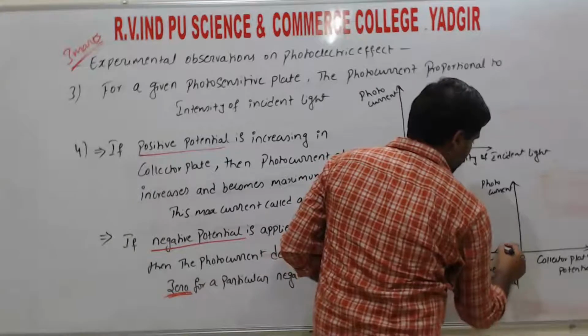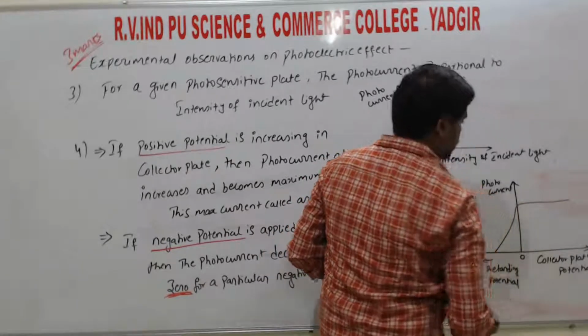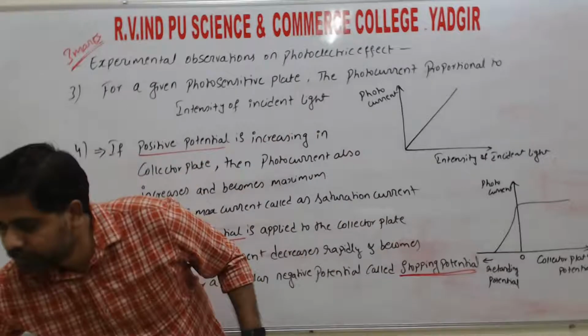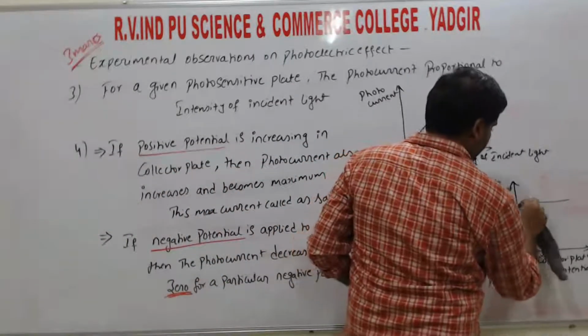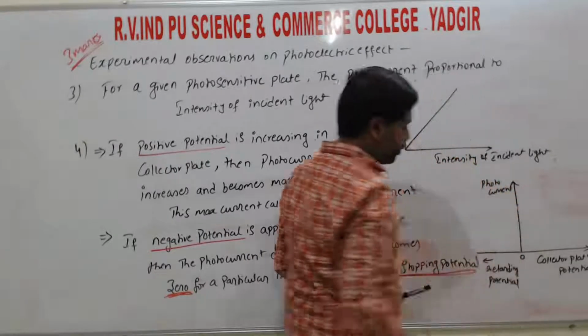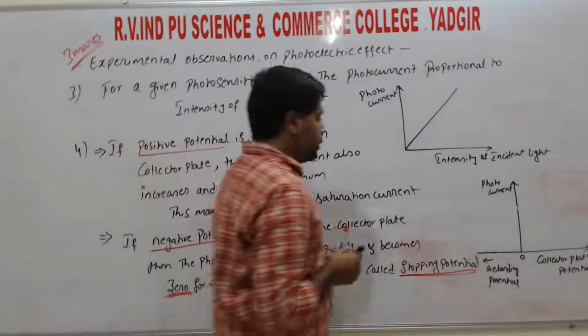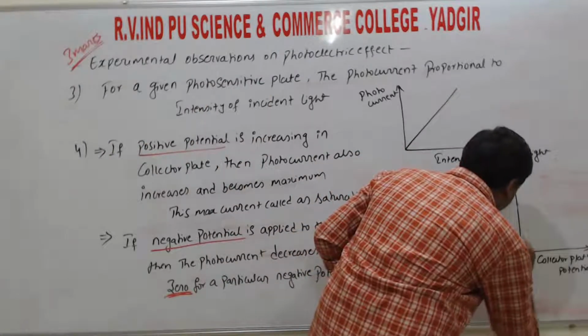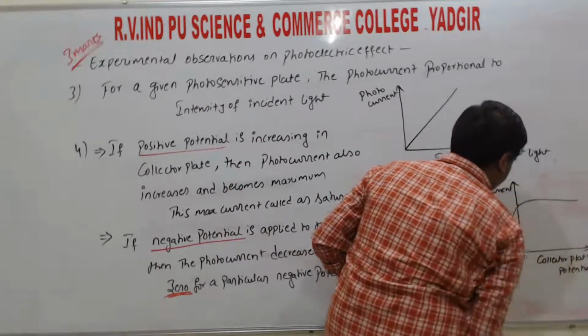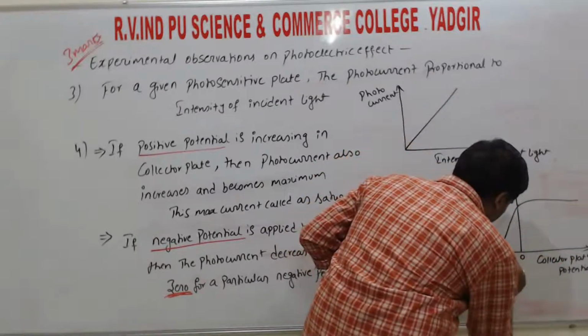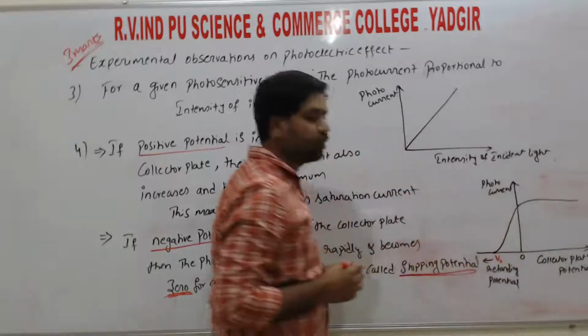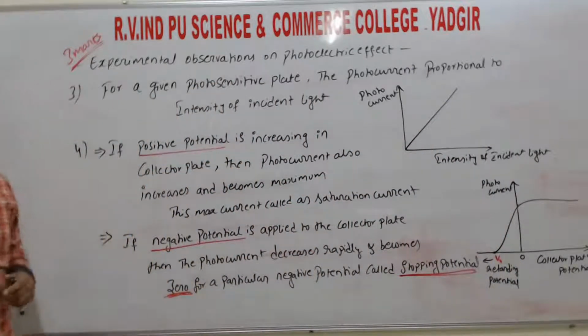If I plot the graph for this, this point we name V naught, the stopping potential, right? These are the experimental observations.